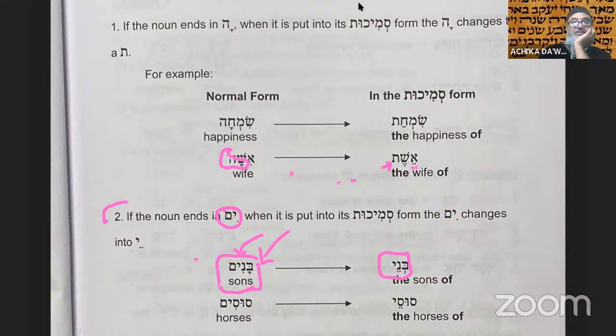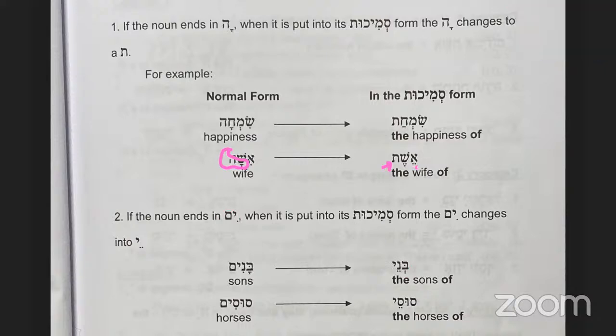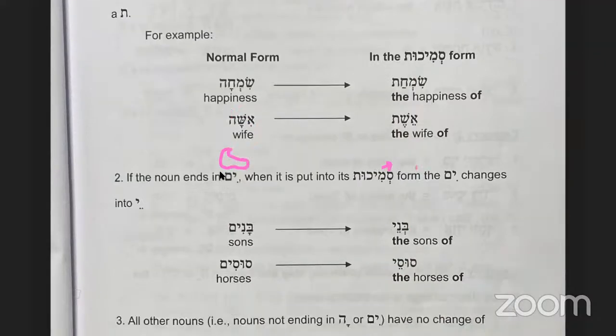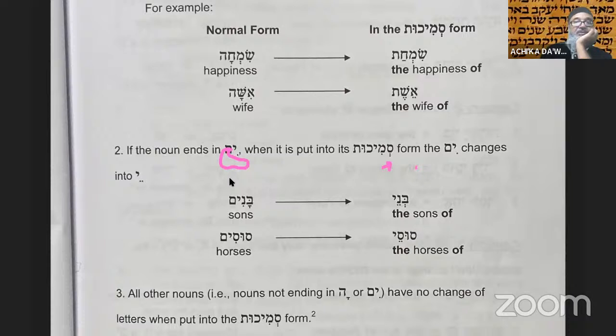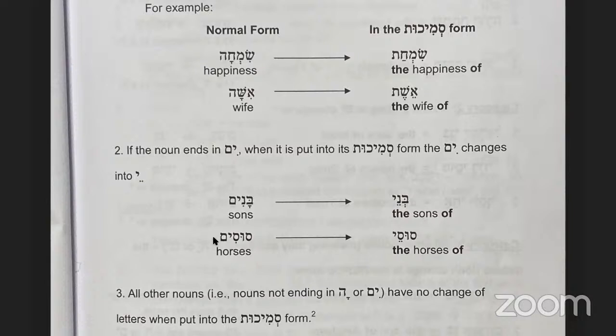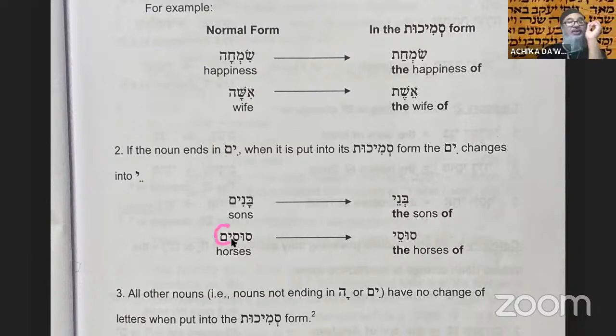Okay. The next one is what? You see the horses? Yeah, so the horses are what? Susin. Right? What kind of horses are they? Are they masculine or feminine? Masculine. Why are they masculine? Because of the eem. There you go, because you got the yod and the mem.